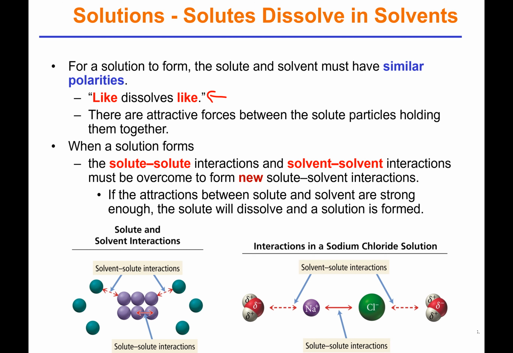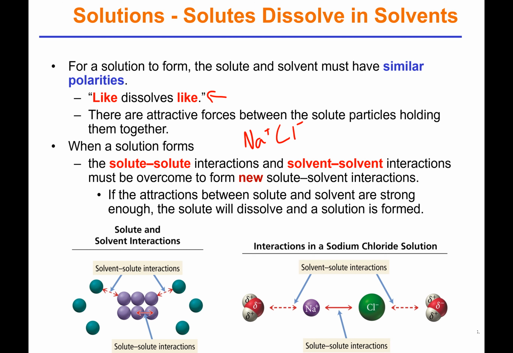There has to be an attractive force between the solute particles holding them together. So when a solution forms, remember that there are attractive forces between the solute particles holding them together. In other words, if I have Na plus, Cl minus, I know I have an ionic bond holding those together. So what happens when we form a solution? We have to break the solute-solute interaction and replace it with a solute-solvent interaction.